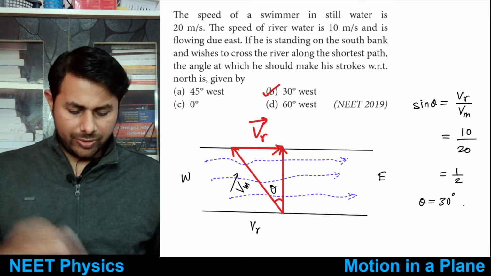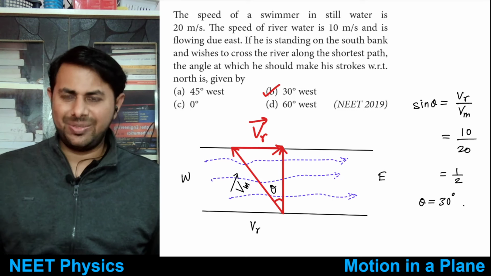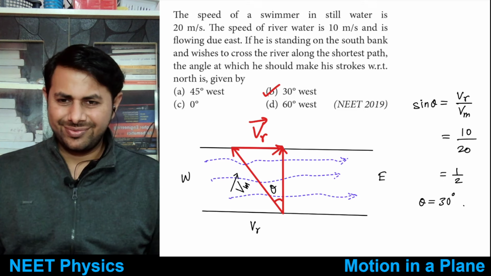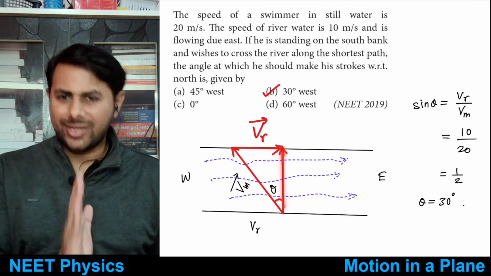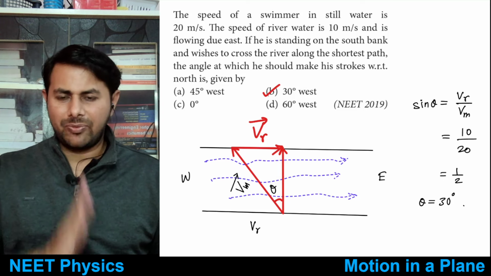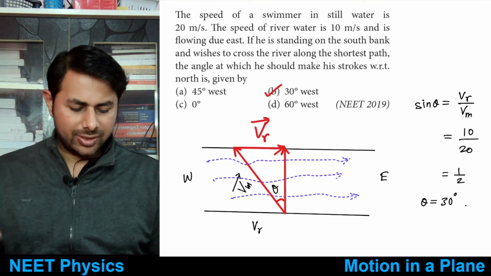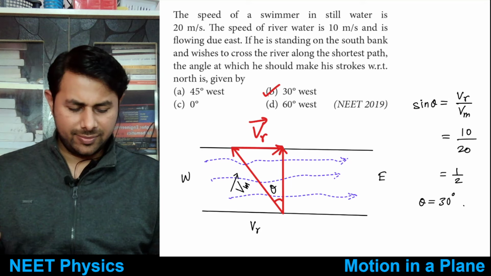So in this kind of question we can make one shortcut, but it depends what direction they are asking about, right? So if he moves along the shortest path, then at what angle will he make his strokes? It will be just sine theta equal to velocity of river divided by velocity of man.